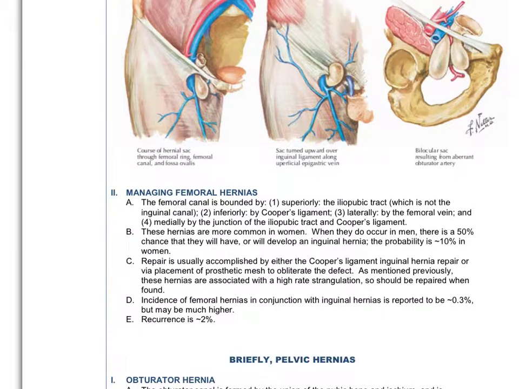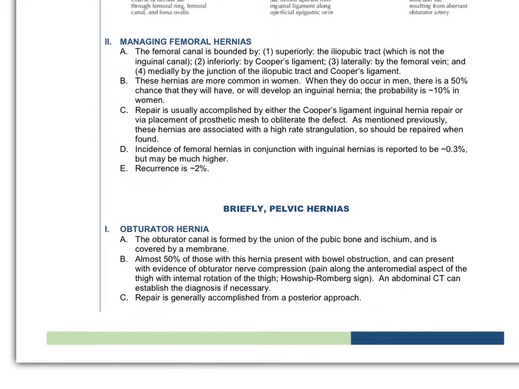Okay, now briefly to talk about pelvic hernias, we have the obturator hernia, which is a hernia through the obturator canal, which is formed by the union of the pubic bone and the ischium, and which is generally covered by a membrane. If that membrane breaks down or weakens, then you get a hernia. Generally speaking, these folks present with bowel obstruction and potentially evidence of obturator nerve compression. In today's day and age, most likely you'll have an abdominal CT scan that will aid in diagnosis of this problem.